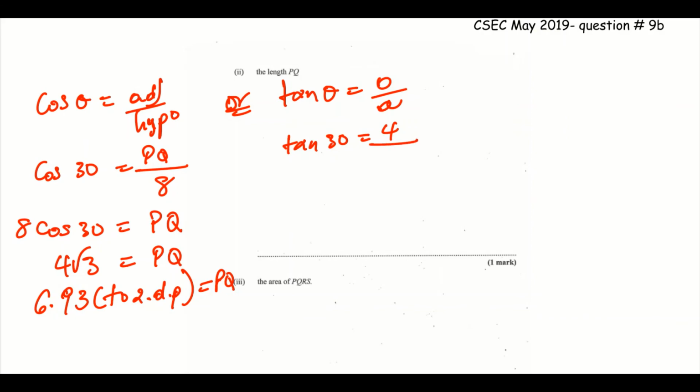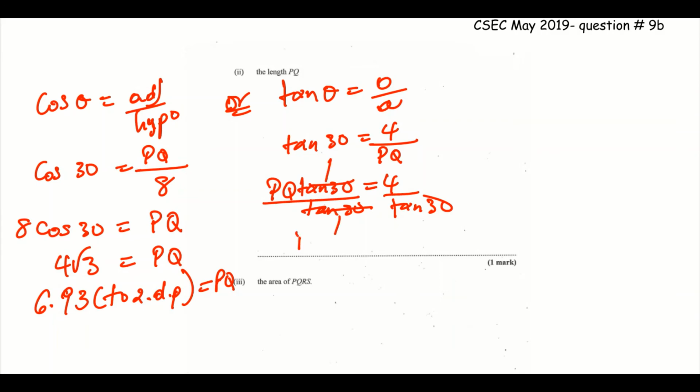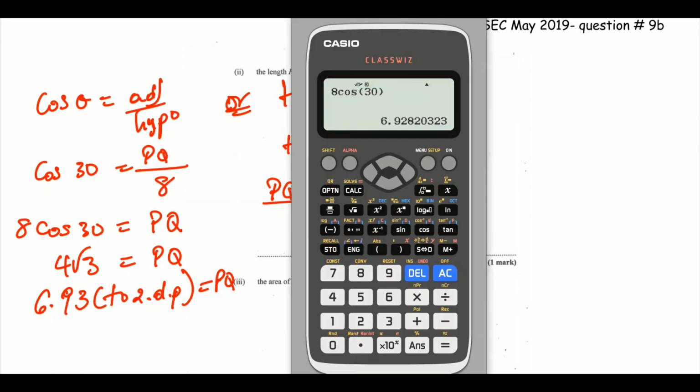So 4 over PQ. To find our PQ, we solve for PQ, same thing as transposing for PQ. We're going to have PQ tan 30 is equal to 4, and divide both sides by tan 30. So PQ is equal to 4 divided by tan 30.